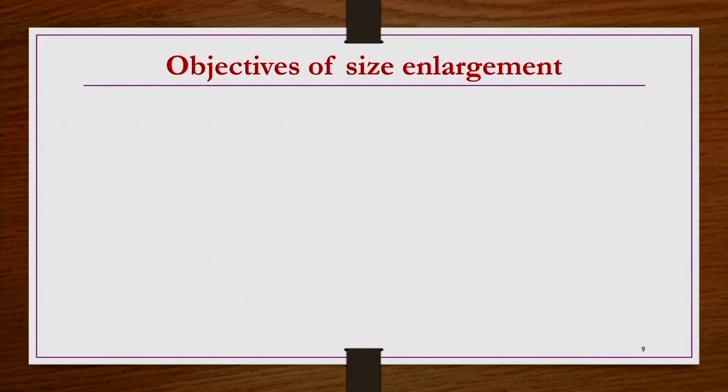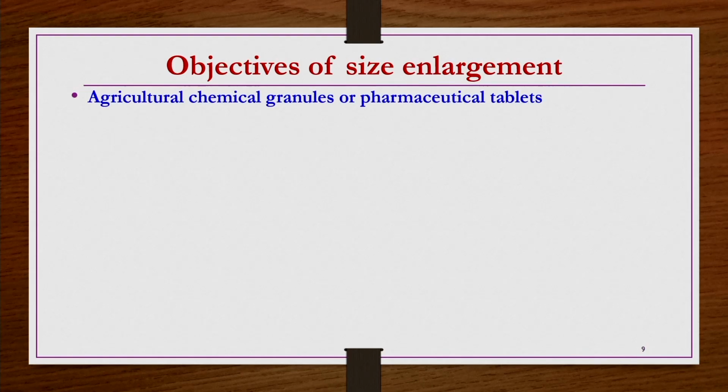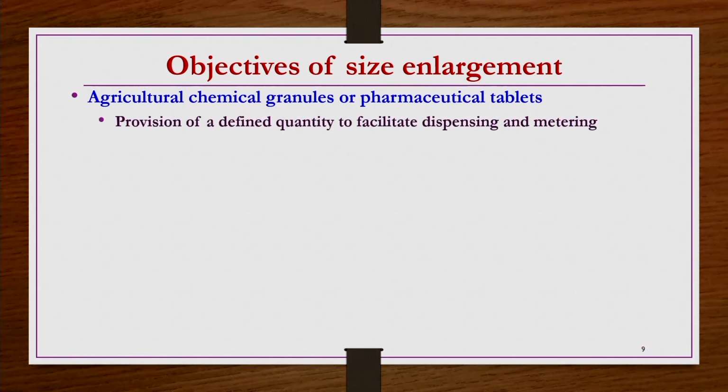So now, what should be the objectives of size enlargement in general? Let us say in agricultural chemical granules or pharmaceutical tablets, the objective should be the provision of a defined quantity to facilitate dispensing and metering. In a given size of tablet, the amount of active ingredient and the amount of binding agent will be very well defined and properly controlled.